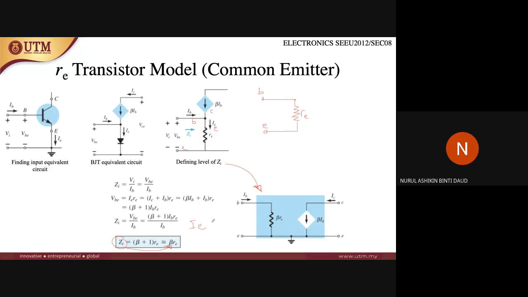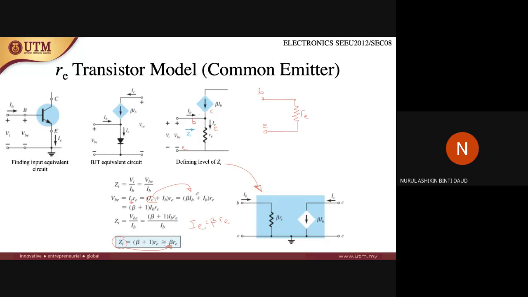Why IE is equal to beta RE is because if you look here, IE is the current that flows from the base and also from the collector. The current flowing from the collector plus the current flowing from the base. The current flow at the collector is equal to beta IB, right? Beta IB plus IB, and then times RE here.